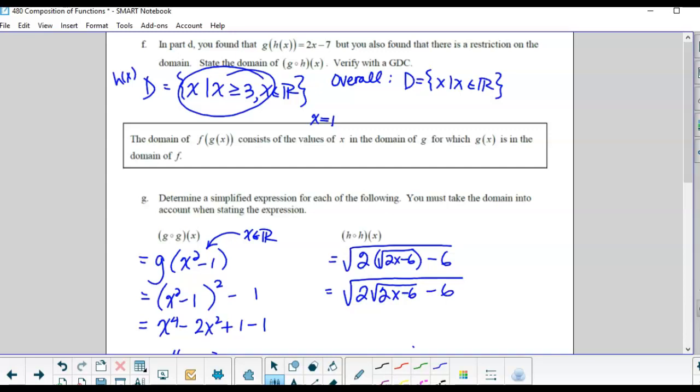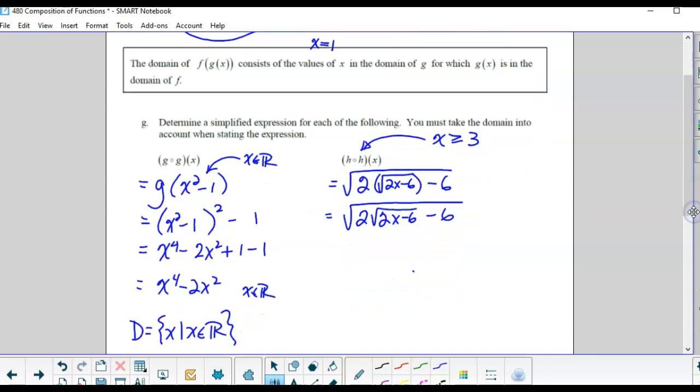Can't really simplify anything. It's the root of something that has a root. Your inside function is x greater than or equal to 3. Then to find the domain of the final, we know that 2 root 2x minus 6 has to be greater than or equal to 0.